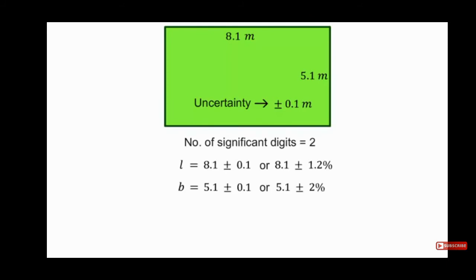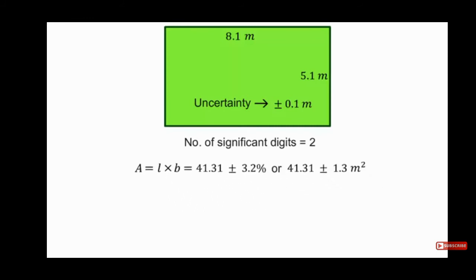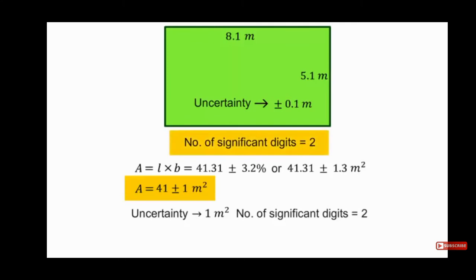Hence, using the combination of errors rule, the area of the field calculated as the product of these 2 quantities would be 41.31 plus or minus 3.2% or 41.31 plus or minus 1.3 square meters. We can report this as 41 plus or minus 1 meter square. Here, 1 square meter is the error in the result. Thus, the result also has 2 significant digits, which is same as the original data.